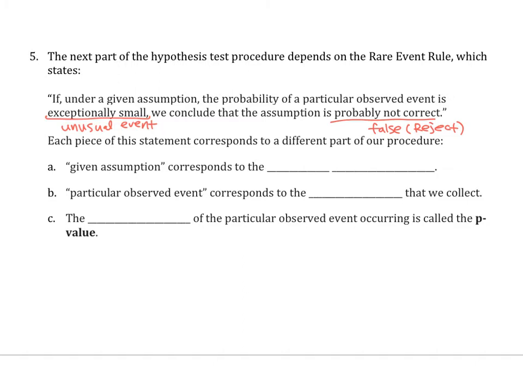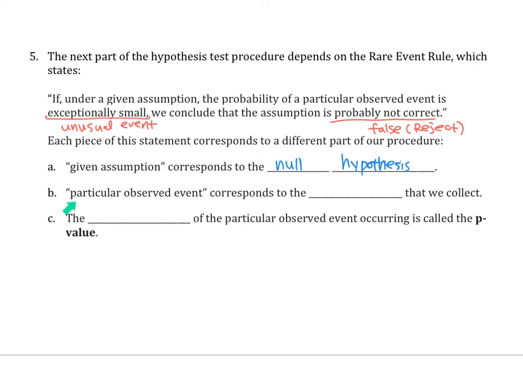So each piece of this statement corresponds to a different part of our procedure. The given assumption corresponds to the null hypothesis, because that's what we assume to be true. That's why we need to set up the null hypothesis.